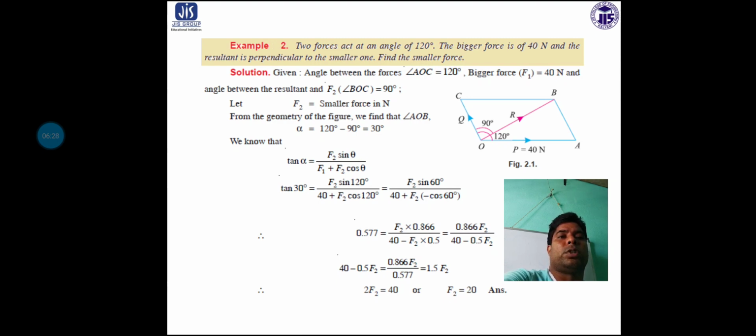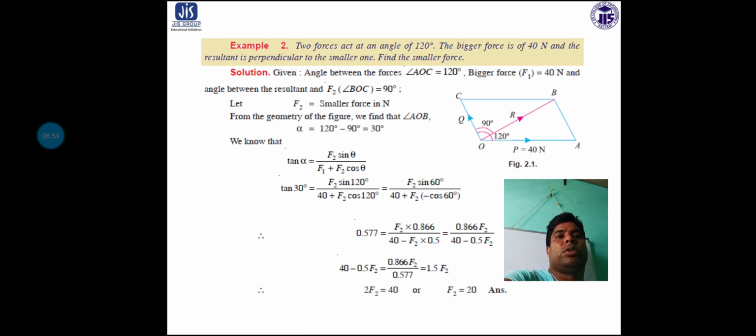First of all, draw the diagram. If you see the diagram, the pink color value is R, the angle between the two forces is equal to 120 degrees, and the angle BOC is equal to 90 degrees.